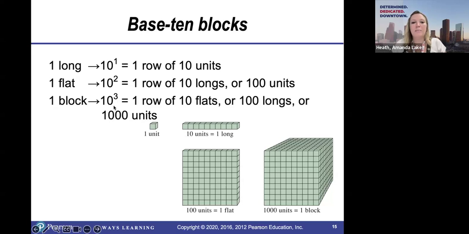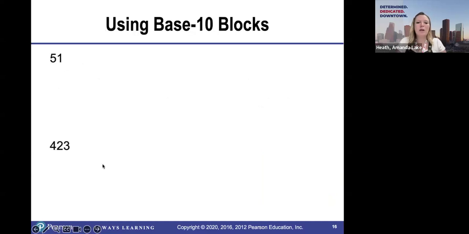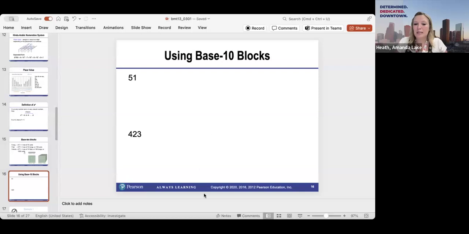And then a block is a 10 by 10 by 10 big cube. So we have a unit, a long, a flat, and a block. I might say a small square, a bar, a flat square, and a cube, if I were to use these in my own everyday language. But we can use base 10 blocks to represent certain numbers.